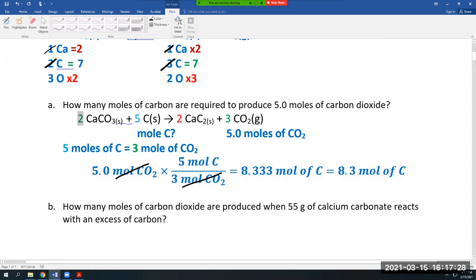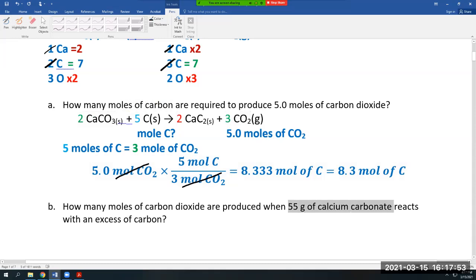These relationships, those colorful numbers here are not given in units of mass. They are given in units of atoms or molecules or moles. And so we can read this as 2 moles of CaCO3 will make 3 moles of CO2. So because we are given grams, we will need first to change the grams into moles.